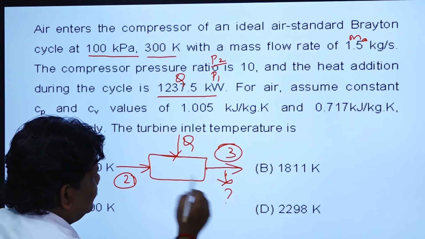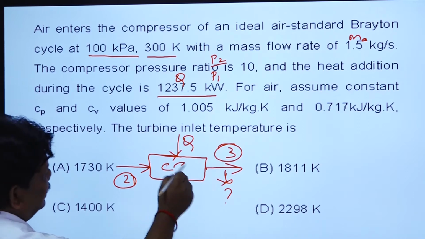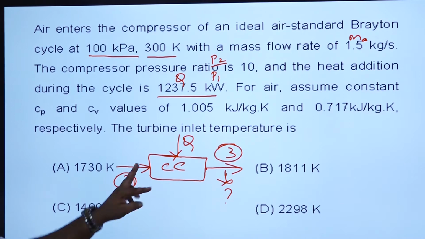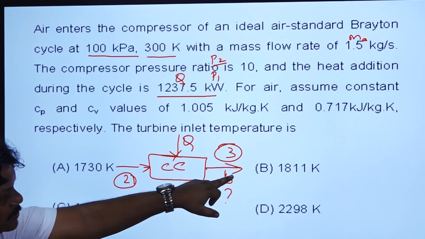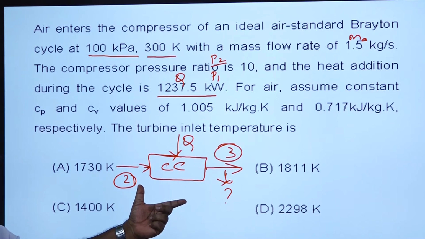So this is a combustion chamber. Okay, so heat addition takes place. So the sum of these two will be equal to this. Right. So that means you are going for an equilibrium equation.